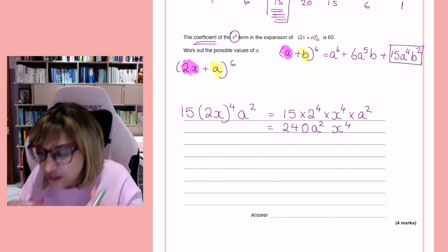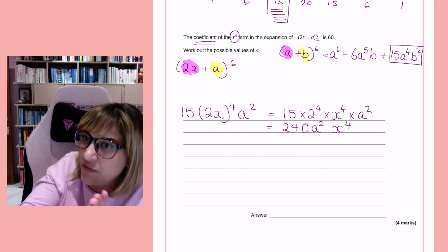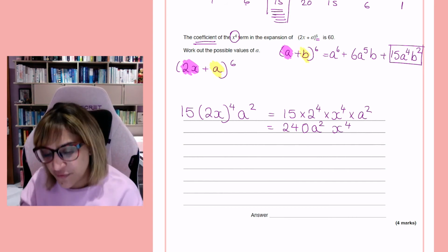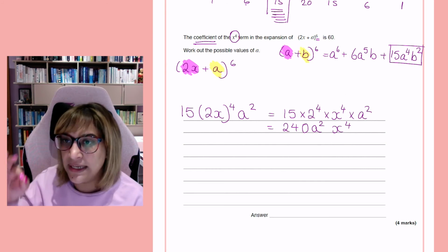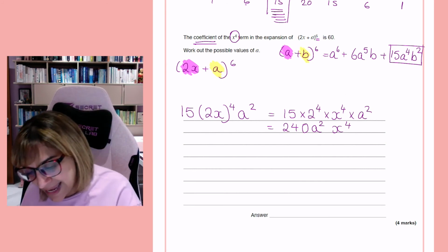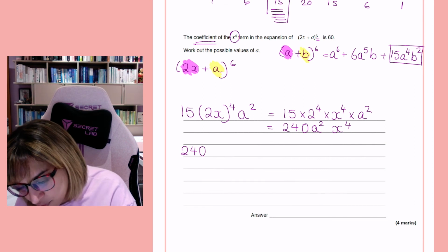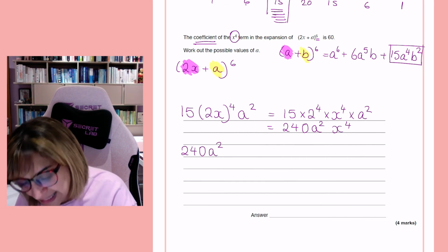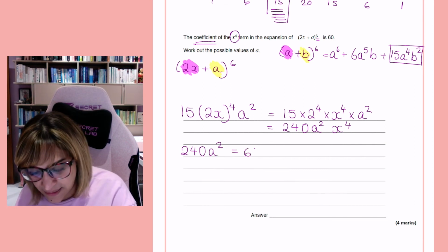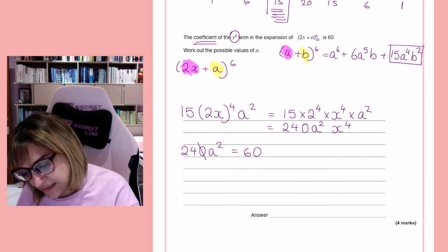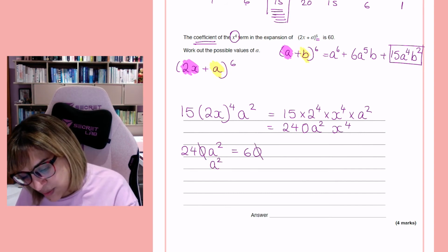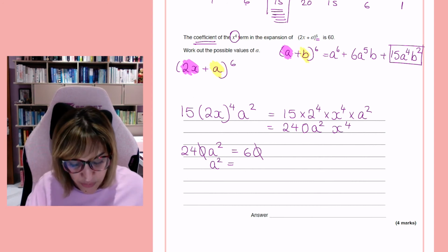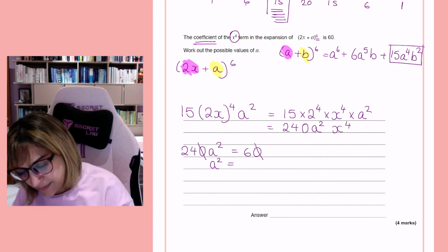Remember, the coefficient is the bit in front of x⁴, which is 240a². So 240a² we know is the same as 60. Right, rid of our zeros. a² is going to be 6 over 24, which is a quarter.